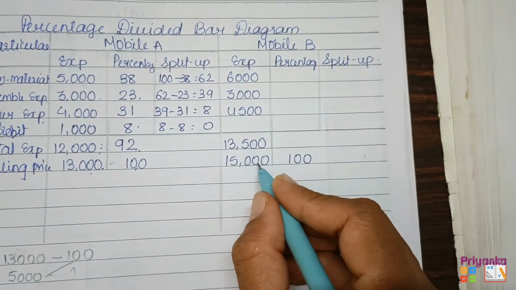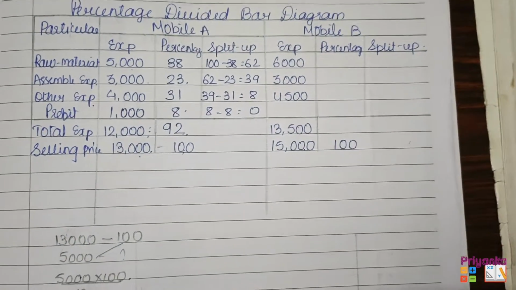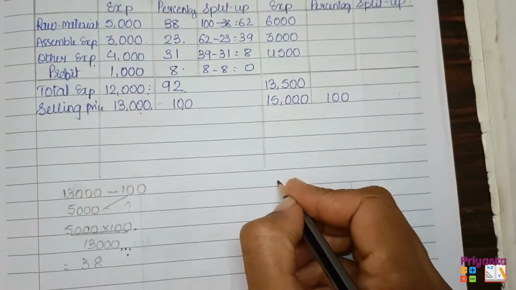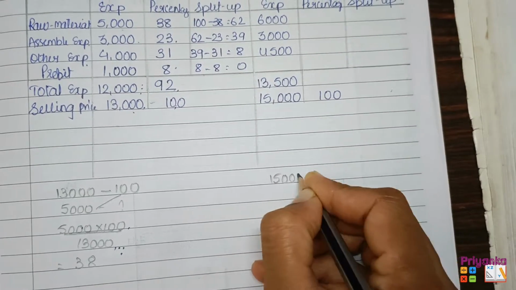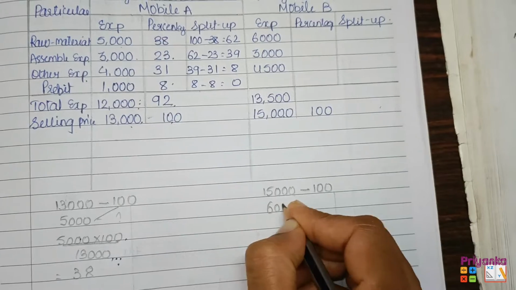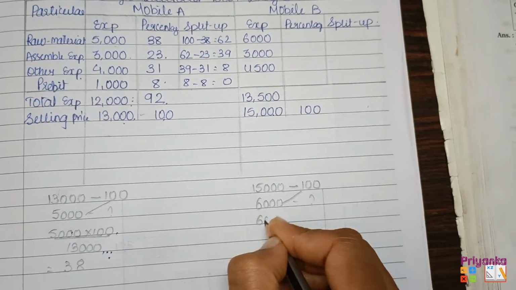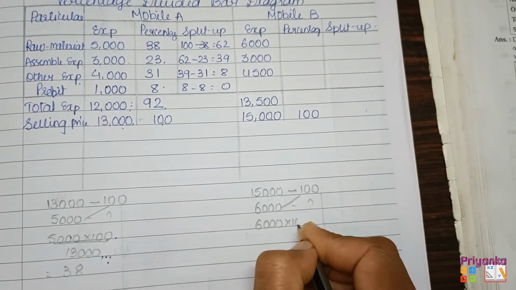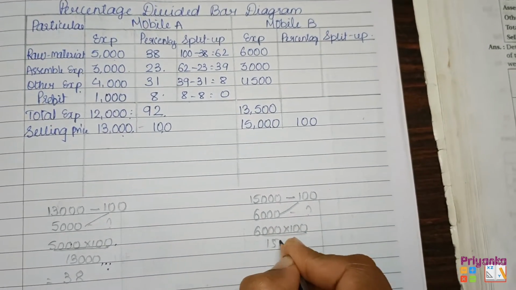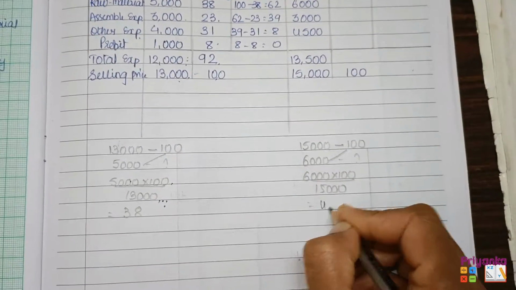Here we'll take 15,000, which is the selling price, as 100. So here again we'll make a calculation something like this, that for 15,000 it is 100%. For 6,000 it is how much? Go with the cross multiplication. 6,000 into 100 divided by 15,000. For this you will get 40.